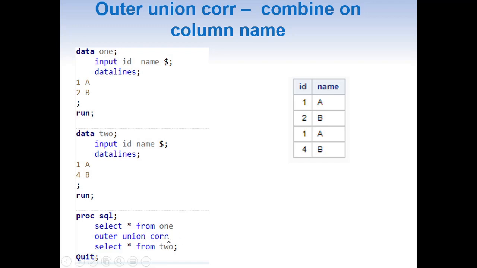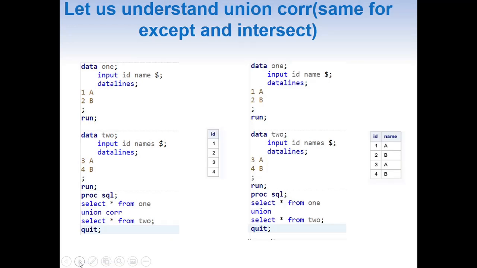And also there is no concept of ALL in the case of outer union. So whenever we do outer union, always remember to use CORR, and here we will not be able to remove duplicates.